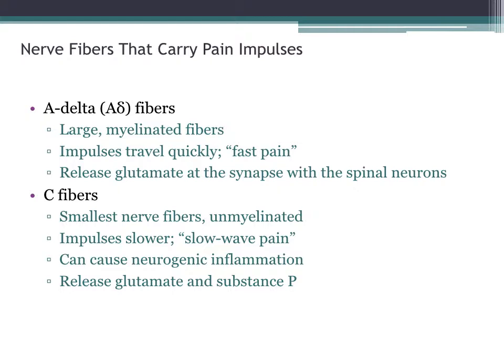It also releases glutamate and something called substance P. The substance P tends to prolong and enhance the action of the glutamate, so the pain tends to be there longer when that's present.